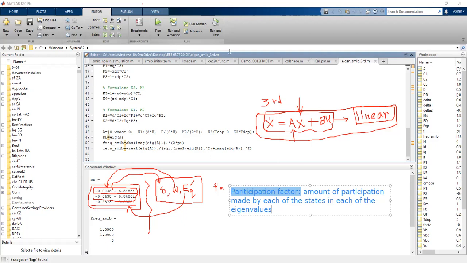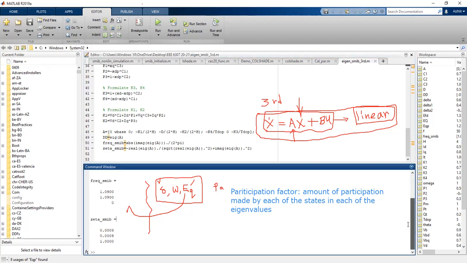The minus 0.2373 is far away from our y-axis, in the negative half of the S-plane. So we don't have to bother for the time being about the third state, or the third eigenvalue to be specific. The first two are of major concern because they have very low damping. Their damping amount is 0.0009, so they are very lowly damped.